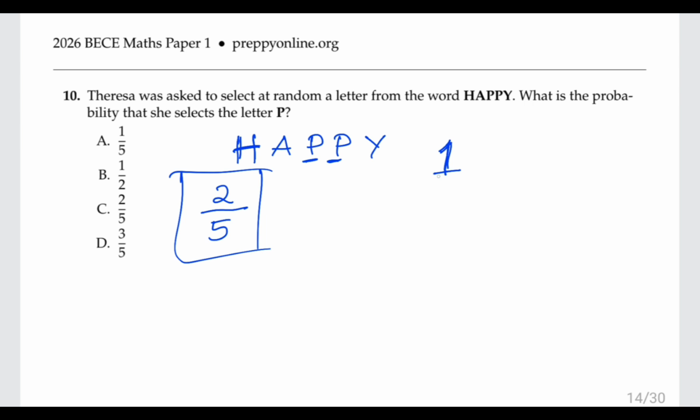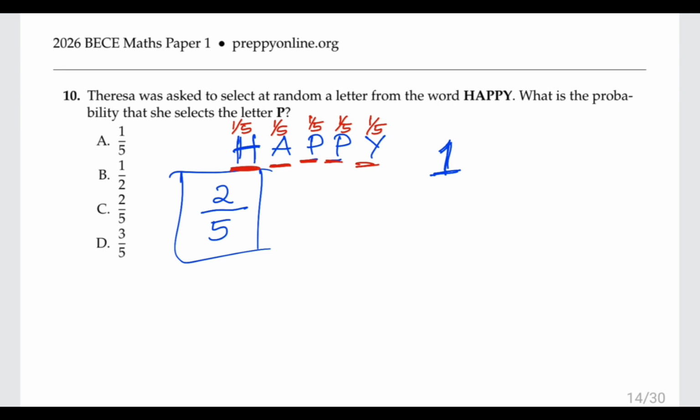So you have to divide this one whole number among each of the 5 letters. So 1, 2, 3, 4, 5. So H has 1 over 5 chance of being chosen. A has 1 over 5. P has 1 over 5. This first P. Second P, 1 over 5. And then the Y has a 1 over 5 chance of being chosen.